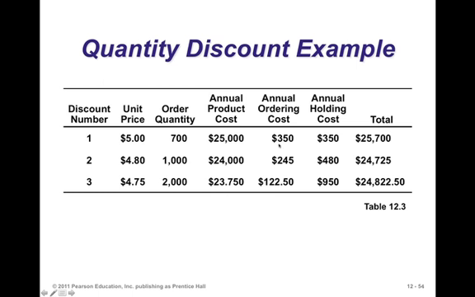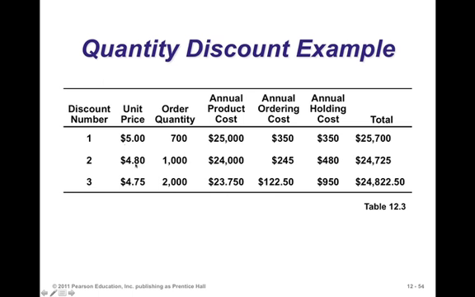Remember, your annual ordering cost is your demand divided by the quantity multiplied by the setup cost. And your holding cost is the average inventory, which is Q over 2, multiplied by the unit holding cost. When you add those three terms together, you will get 25,700. So now let's try the next price level.